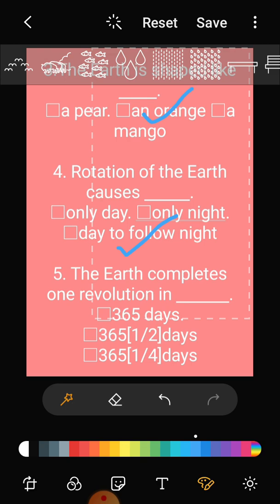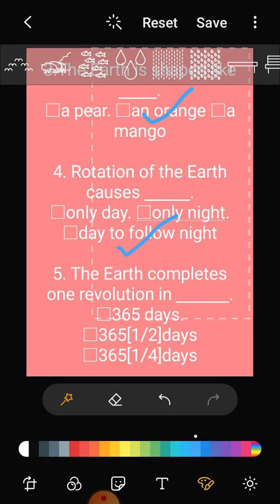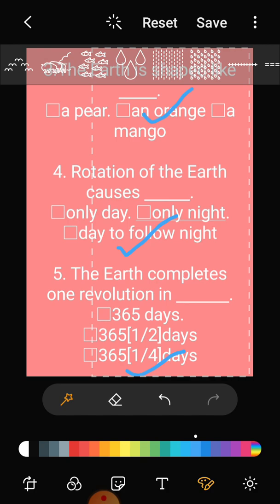Next, the earth completes one revolution in dash. Given options are 365 days, 365 1/2 days, 365 1/4 days, and the correct answer is 365 1/4 days.